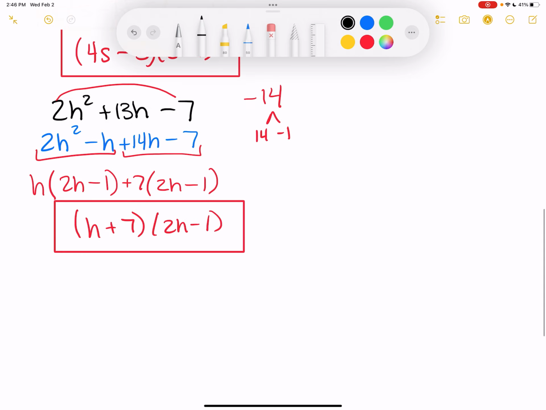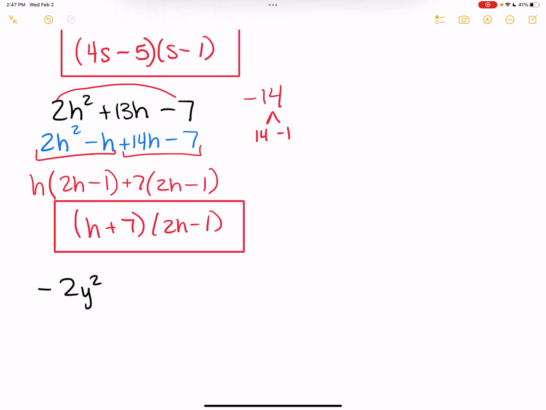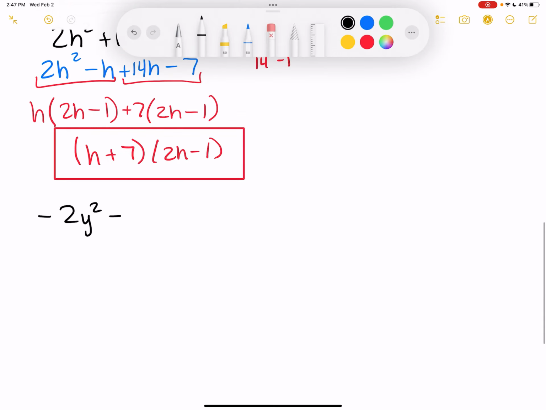All right, so sometimes there will also be a negative out front. Oh, ew. Okay, so something like -2y squared minus 5y minus 3.